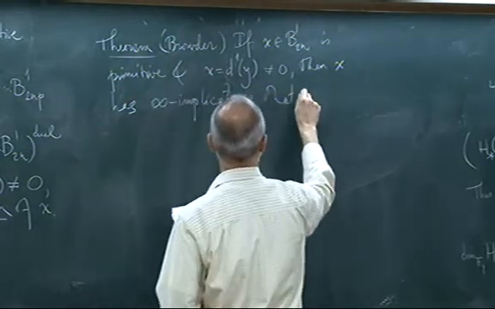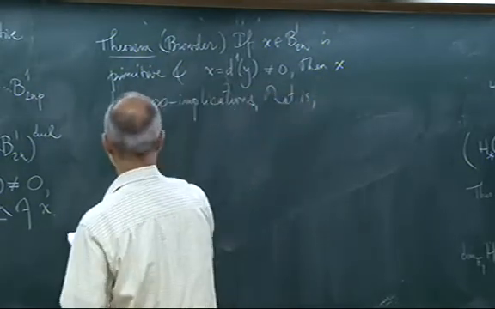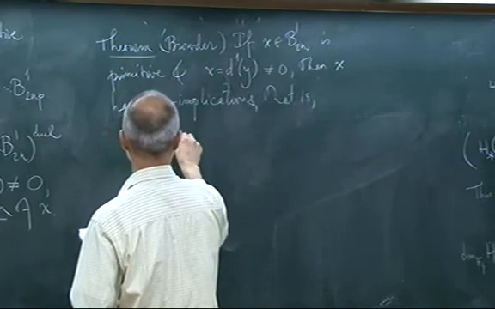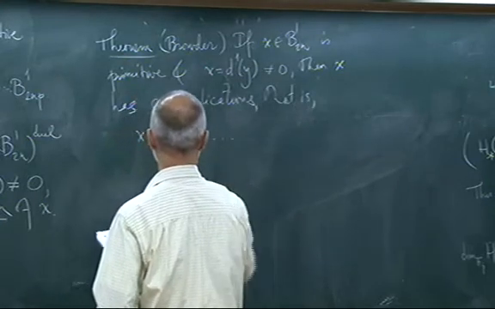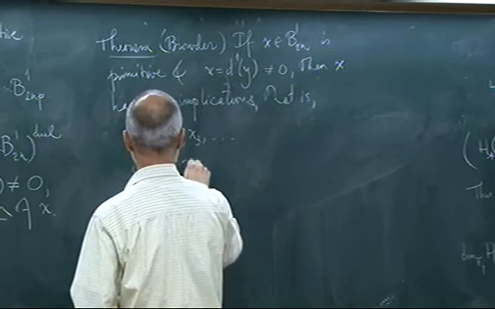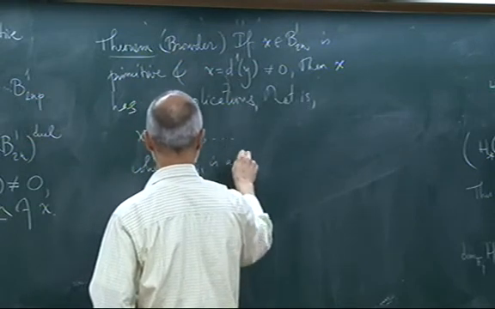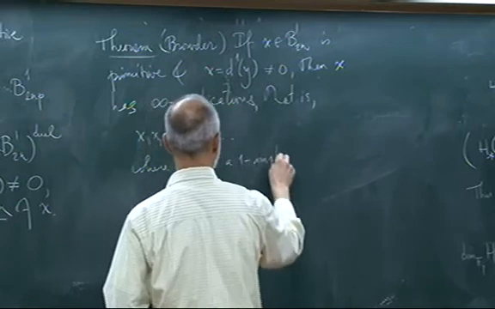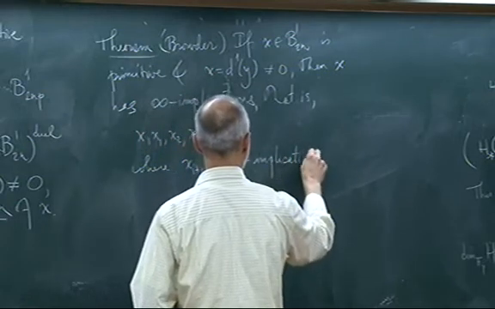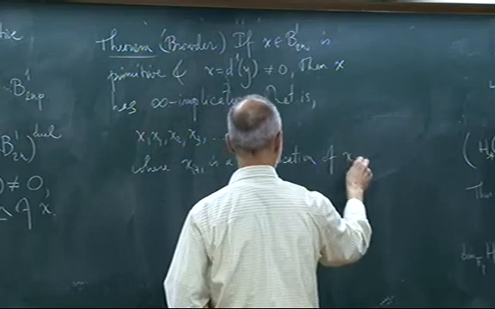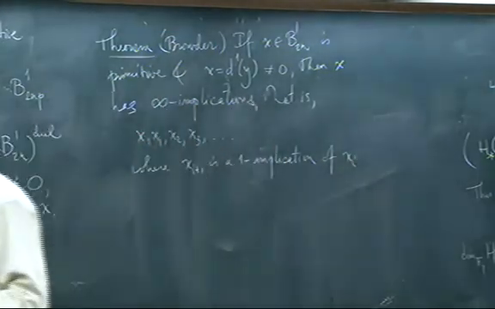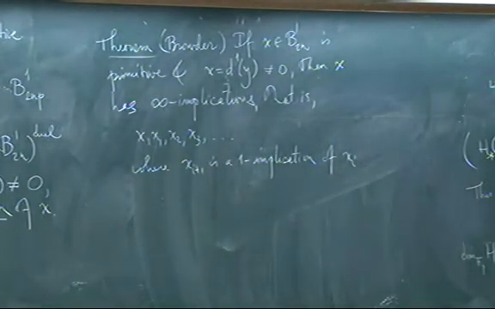That is, there's X, x1, x2, x3, where x(i+1) is a 1 implication of xi. So why? Well, first of all, let me discuss briefly why this is the case.